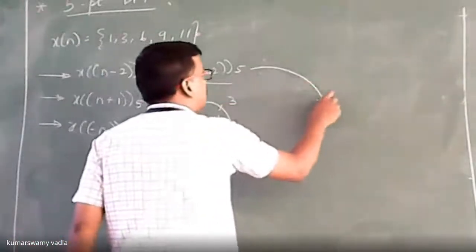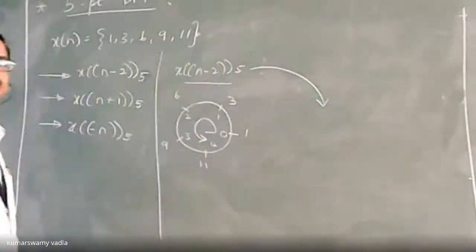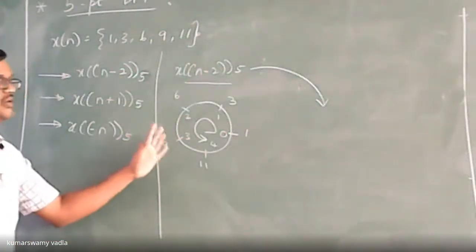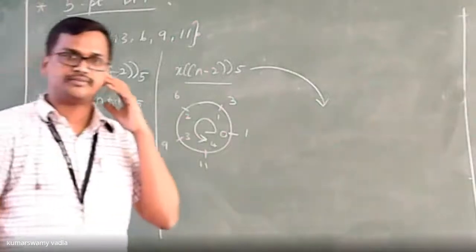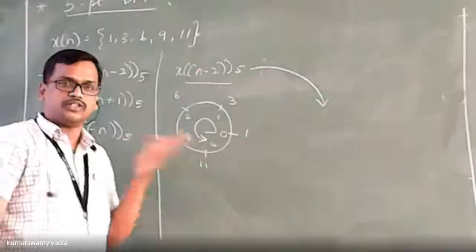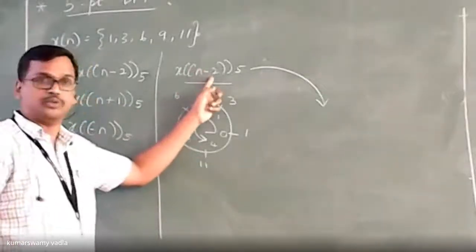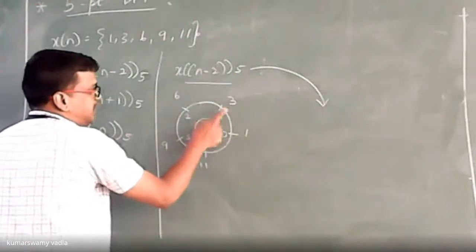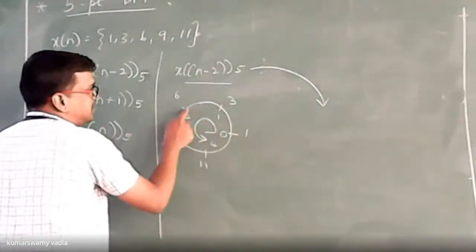To achieve this, what you need to do, friends? How do you need to rotate this? Anti-clockwise, sir. Anti-clockwise by 2 places, because this is 2, right? So 1 means this comes here, 2 means this comes here.